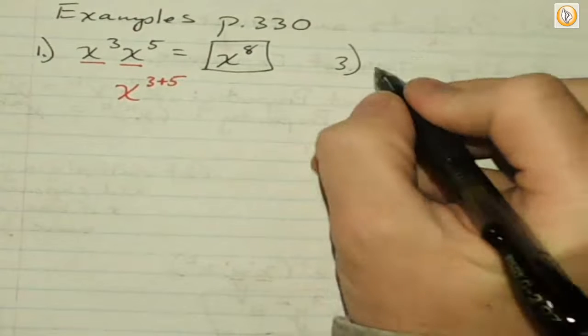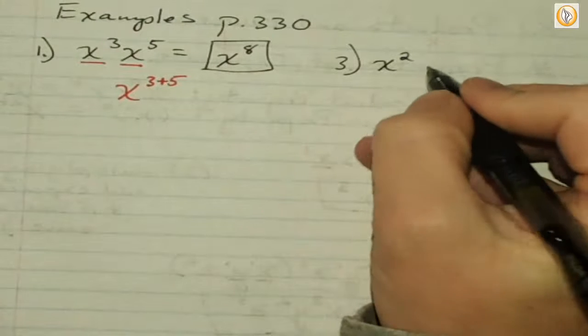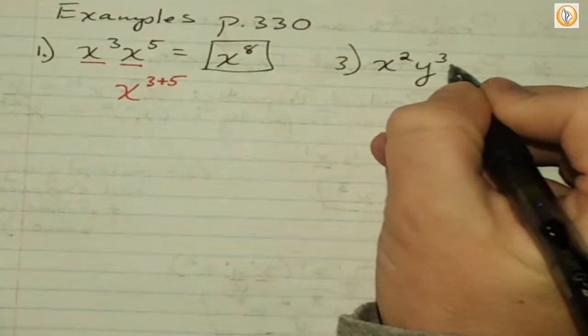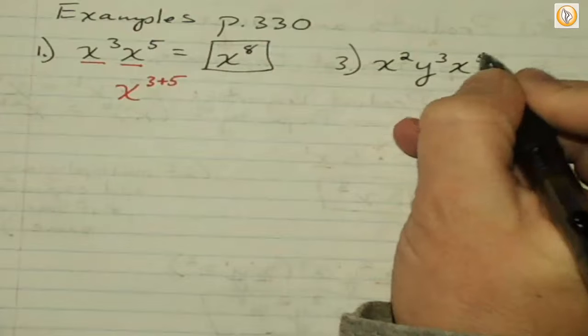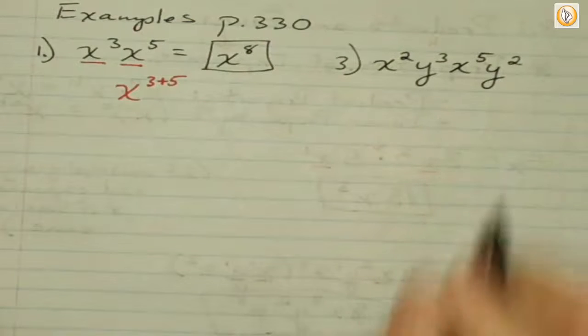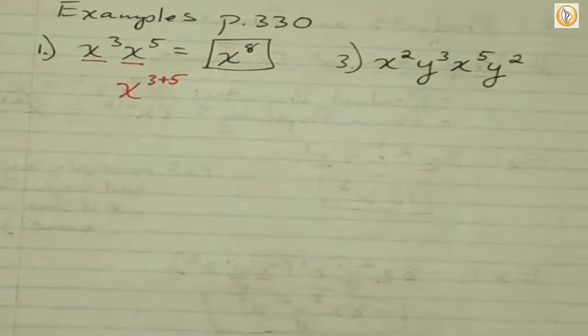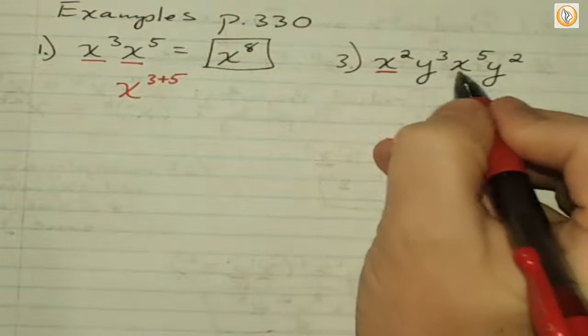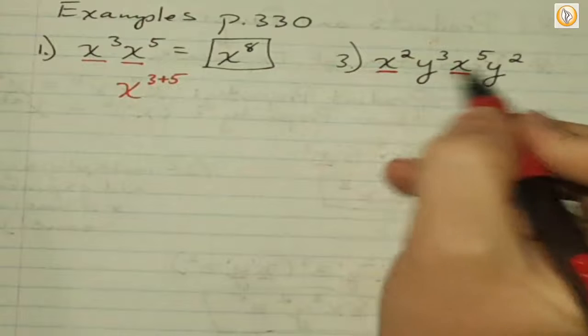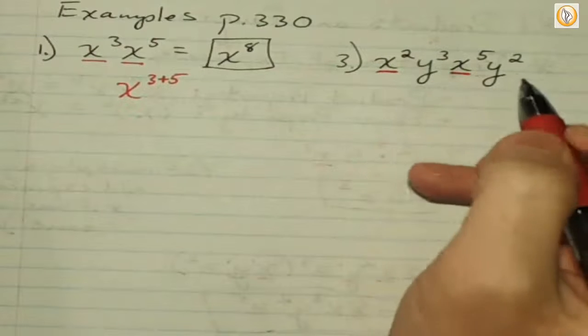All right, 3. Emily, you've been quiet. X to the second power times y to the third power times x to the fifth power times y to the second power. Remember, I always tell y'all it's uglier than it is. Okay, so Emily, sit back, relax. Remember the rules. What do you see here that you can combine? The x's, same base, and we're multiplying, so what are you going to do to the exponents?